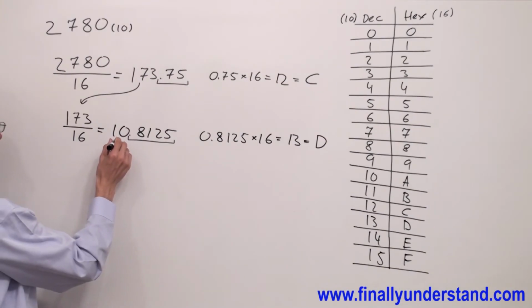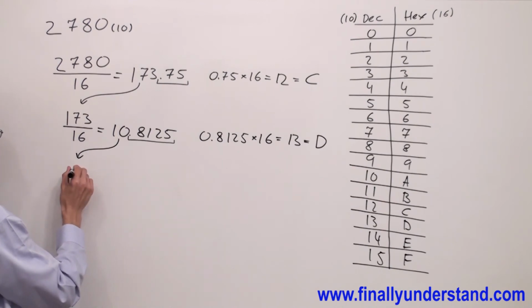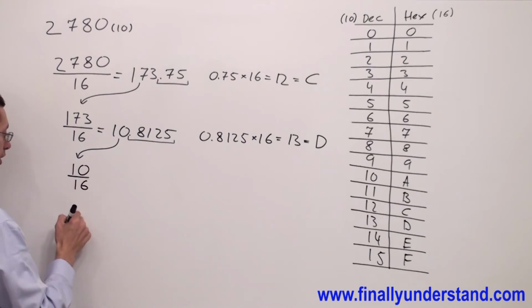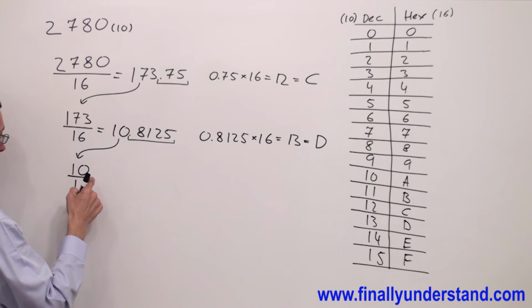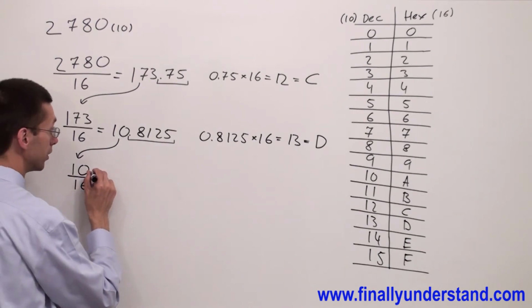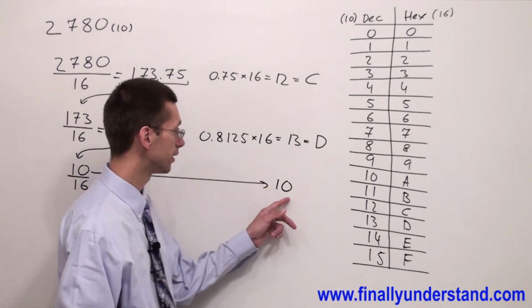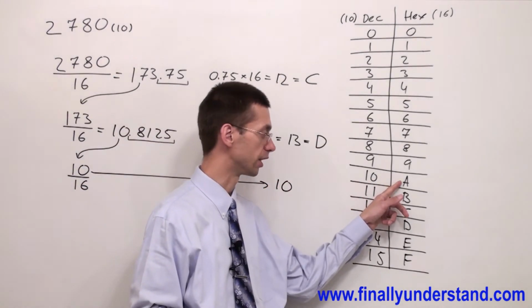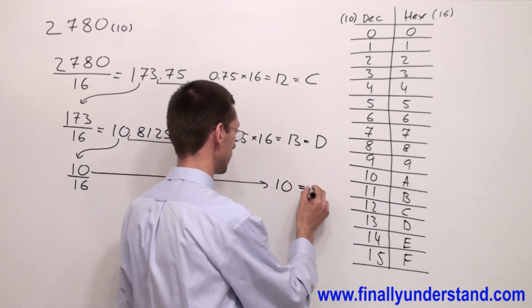Next, I'm supposed to copy the whole part of this number and divide it by 16. So I have 10 divided by 16. Please notice that the numerator is less than the denominator. That's why you're supposed to copy this number to the side. 10 in hexadecimal is represented by the letter A. That's why I'm going to write A over here.